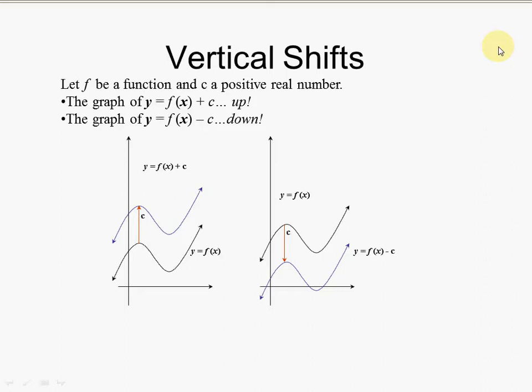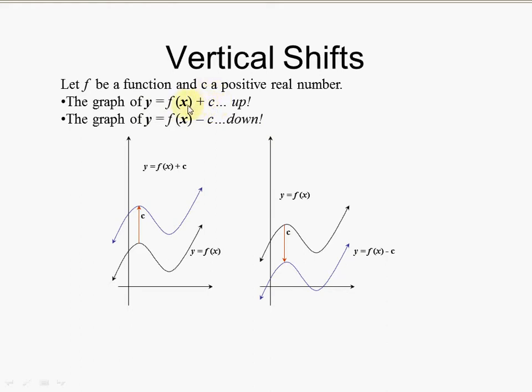The slide I just showed you, you didn't need to write that down because we're gonna get there right now. Vertical shifts. The first shifts that we're gonna talk about is vertical. That's a type of transformation, and the vertical shifts, just like the way it sounds, would shift the graph up or down. You will shift the graph up if you have a c attached to your parent function.